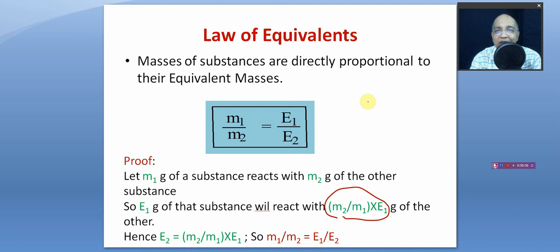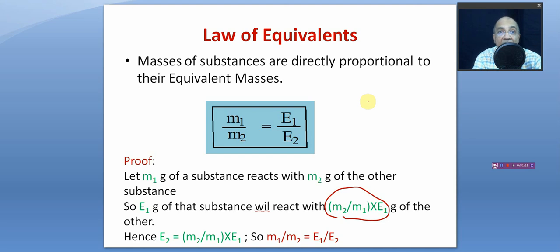Like a simple weight average: percentage abundance into isotopic mass, plus percentage abundance into isotopic mass, plus percentage abundance into isotopic mass, divided by 100. So we know how to find the average atomic mass.